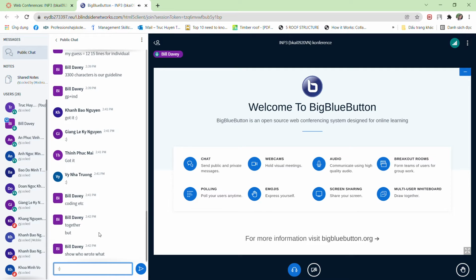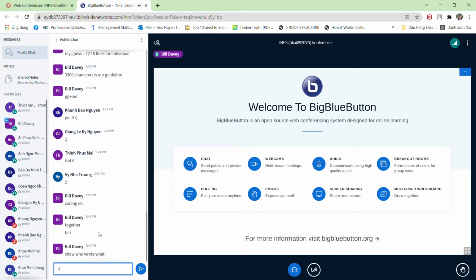Let's say it was me. I'm doing my writing, and I say to the group, I am going to write a paragraph about our coding process.